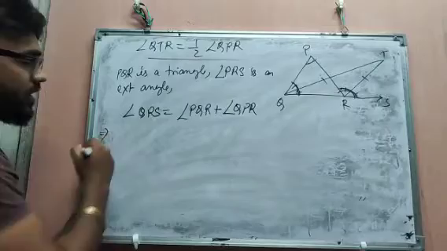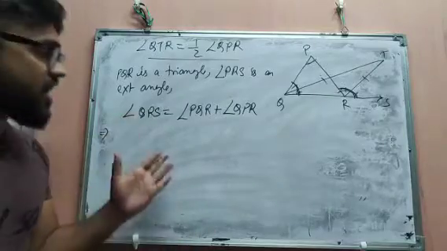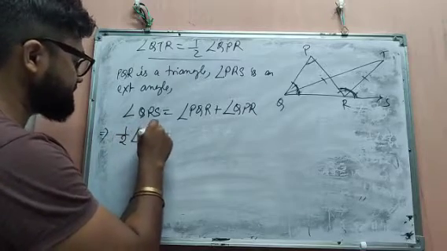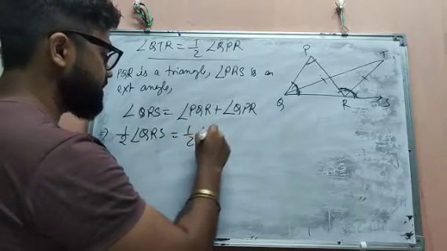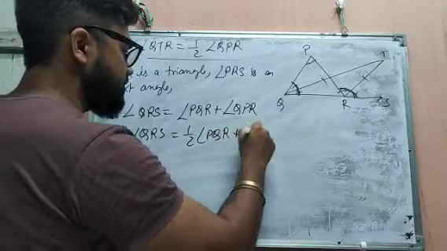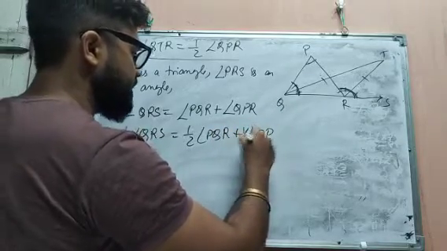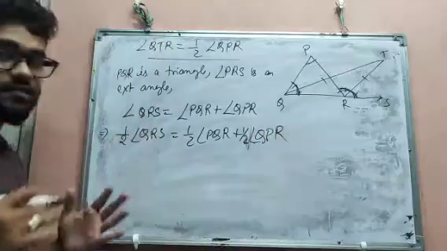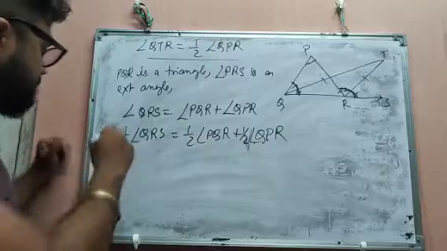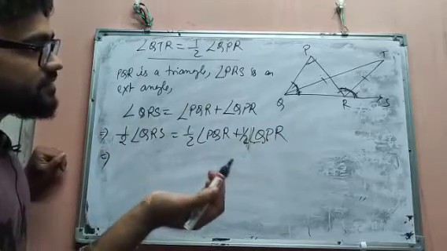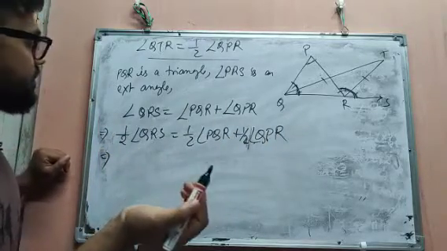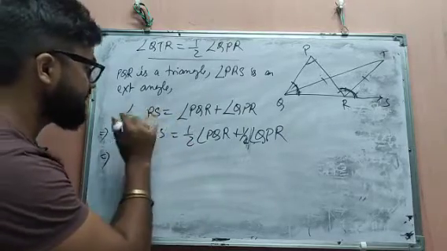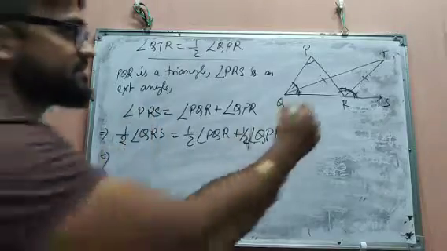Now do one thing: multiply half on both sides. Half of angle PRS equals half of PQR plus half of QPR. Wait a second, here it is PRS, that is this angle, not QRS.